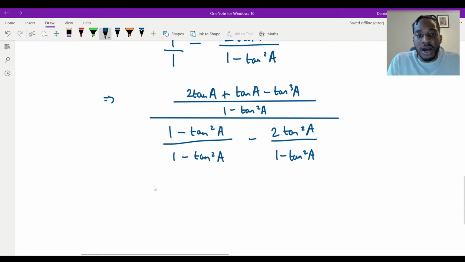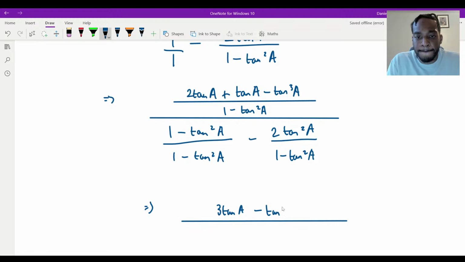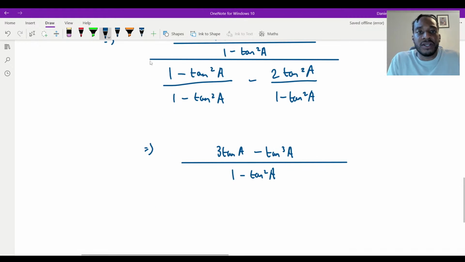So now, it's not too bad. Now let's tidy everything up, right? So I'm gonna get another fraction bar like that. The numerator, I've got a 2 tan a plus a tan a, that's 3 tan a, like that. And then minus tan cubed a, and then divided by 1 minus tan squared a, like that. And then I'm gonna divide this by, I can combine these now.